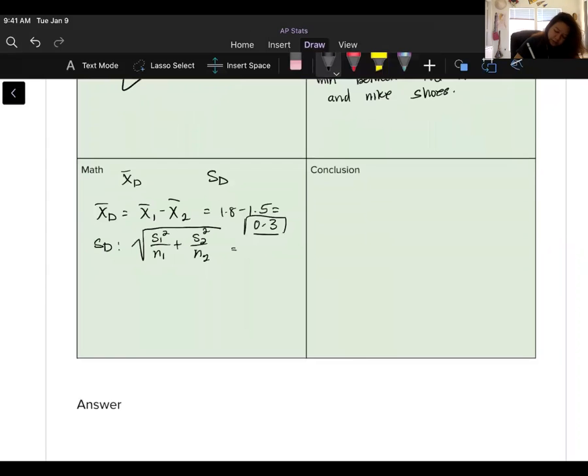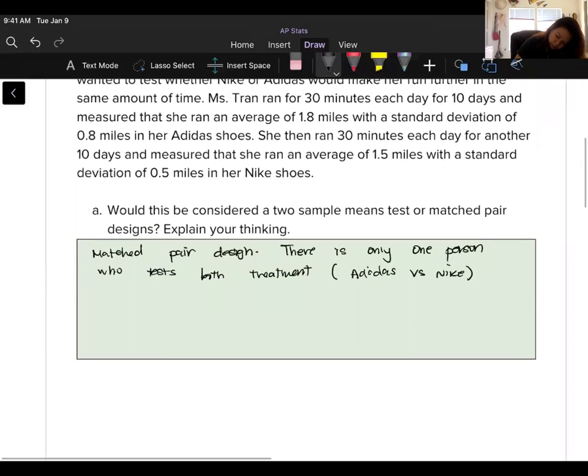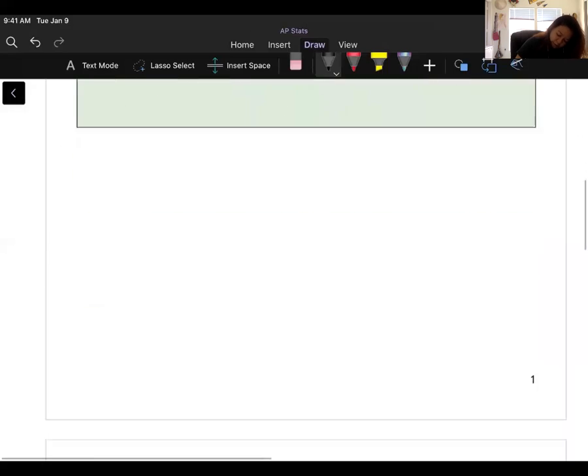And in this case, this is the square root of 0.8 squared over 10 plus 0.5 squared over 10.